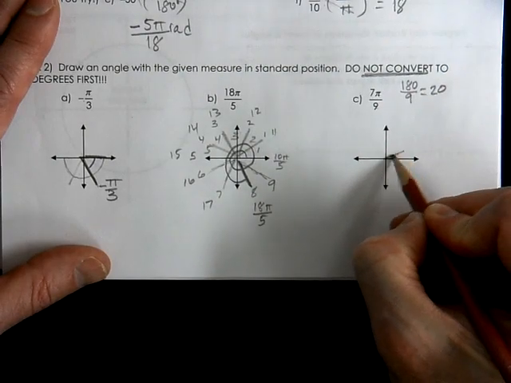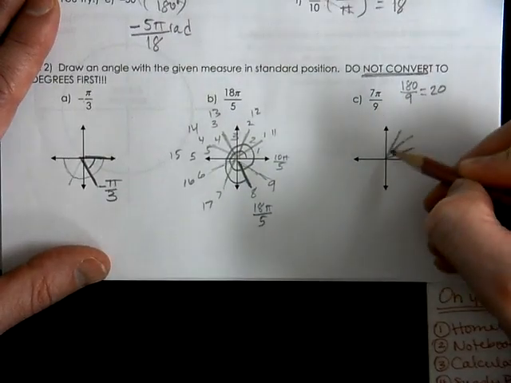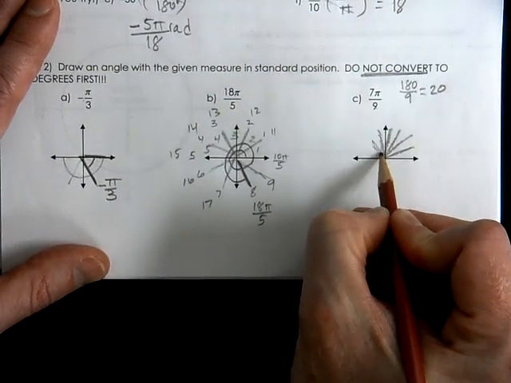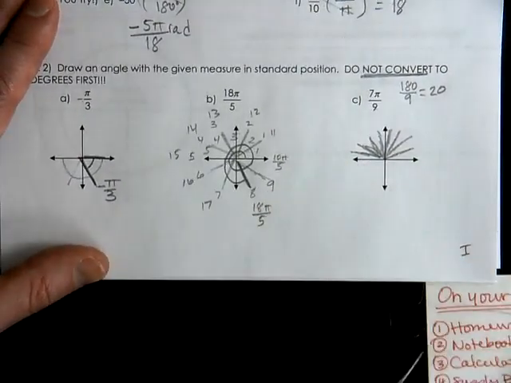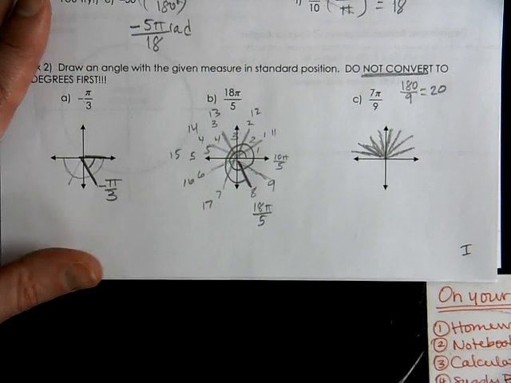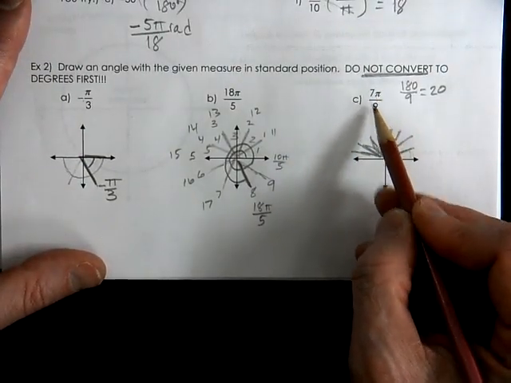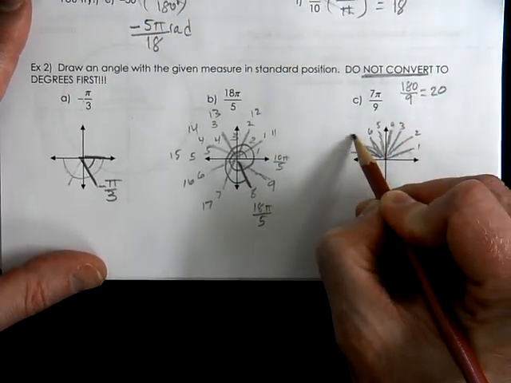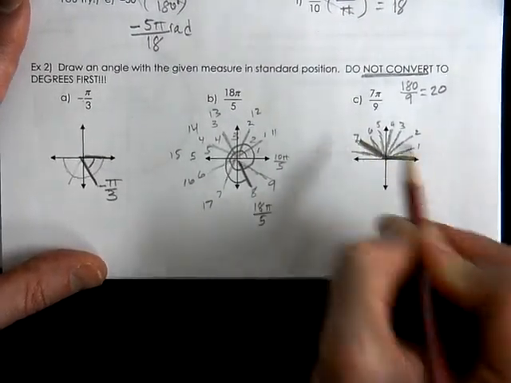So now when I draw my slices, I'm going 20, 40, 60, 80, 100, 120, 140, 160 to my 180. So now I need to identify where the 7 of those 9s are. 1, 2, 3, 4, 5, 6, 7. So approximately right there.